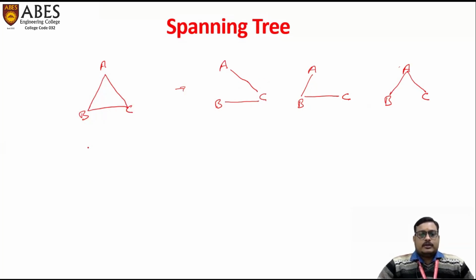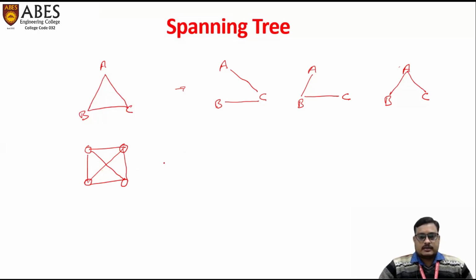Now, suppose we have a graph with four vertices like this, and we have multiple edges connected to this. Suppose this is the complete graph. This is a complete graph with four vertices. So here we can see we have six edges, but how can we connect these vertices with the minimum number of edges?